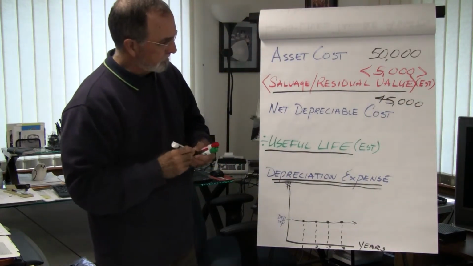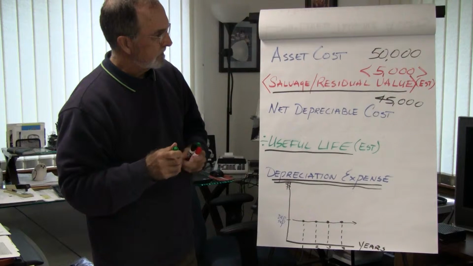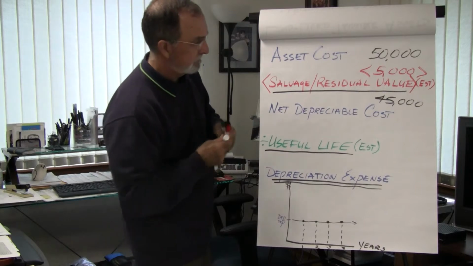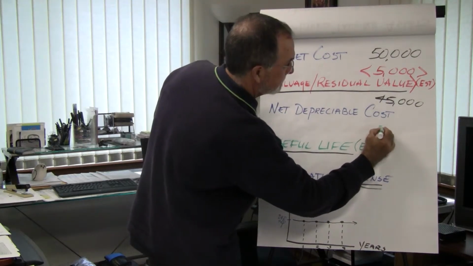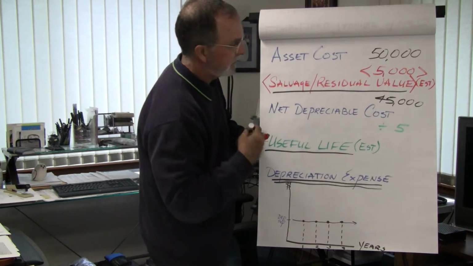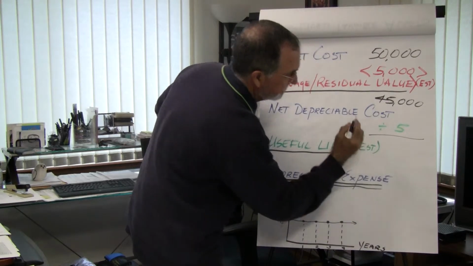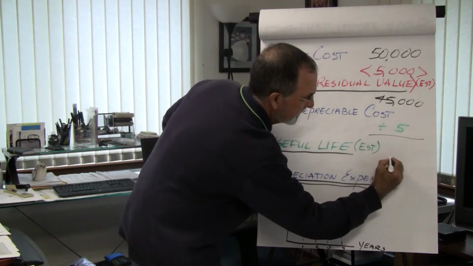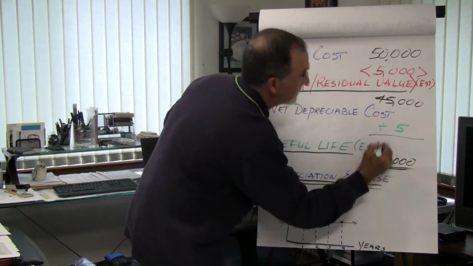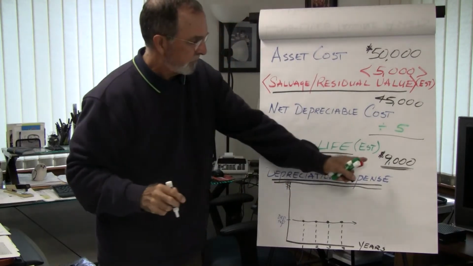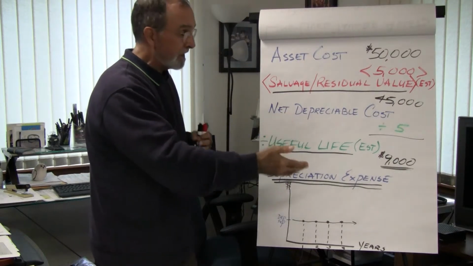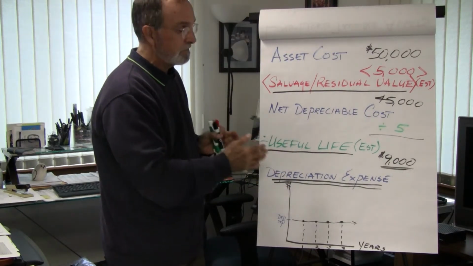And let's say our useful life for this asset is 5 years. So we would divide 45,000 by 5, and the resulting calculation, 45 divided by 5, is $9,000. And so $9,000 would be the amount of depreciation that we record each year over the 5-year estimated useful life of this asset.